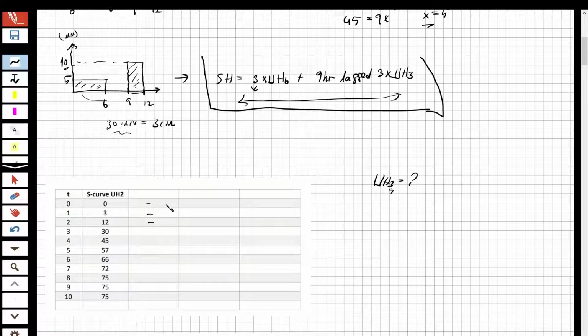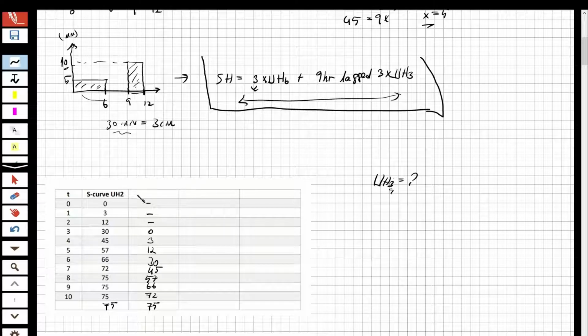So this is going to start with here, and this is going to be 0, and 3, 12, 30, and 45, and 57, 66, and this is going to be 72, and this is going to be 75, right? And I can take it here as 75 because it's also the same.